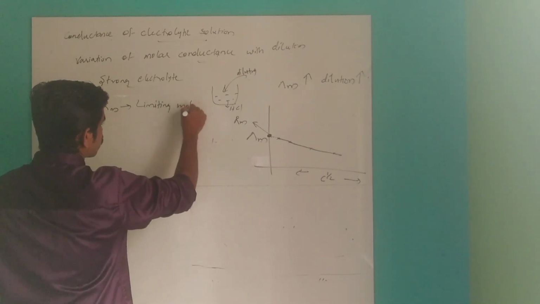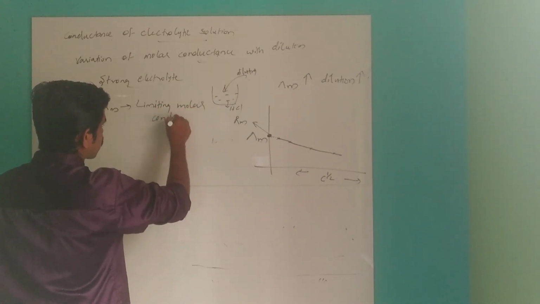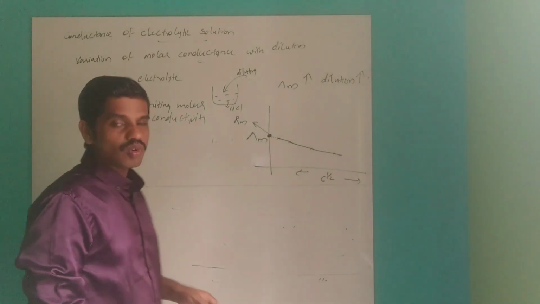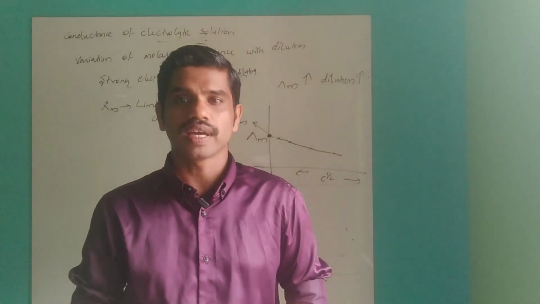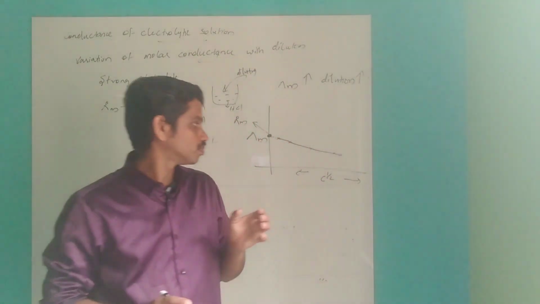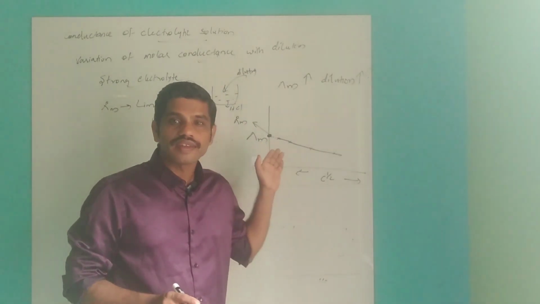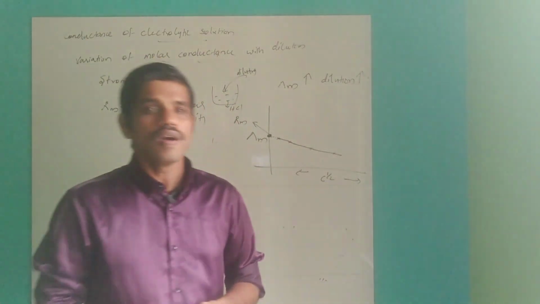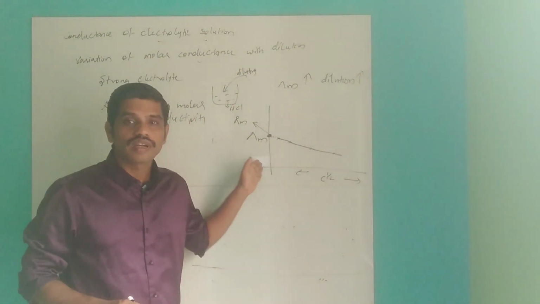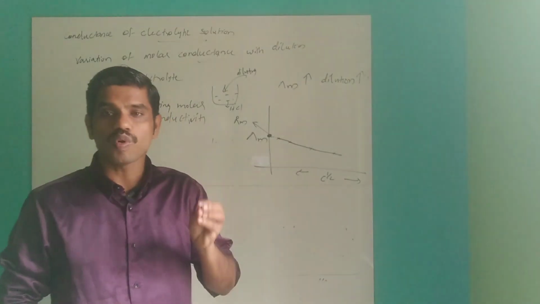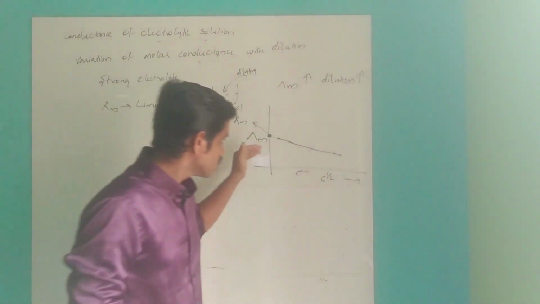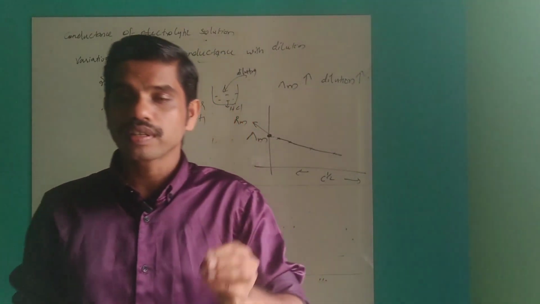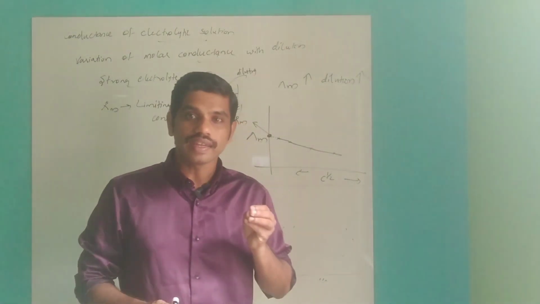It can be defined as the molar conductivity at infinite dilution, that means when the concentration approaches zero. So this is the graph for a strong electrolyte: when the dilution increases, molar conductivity increases.